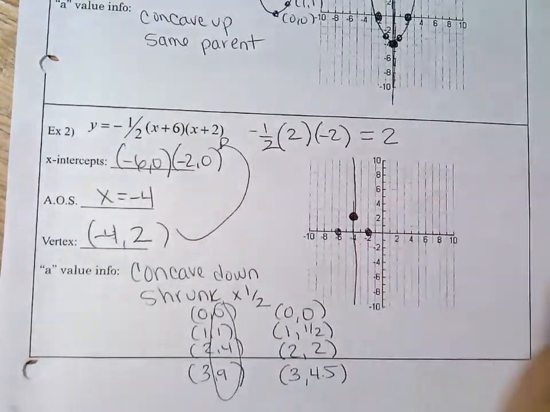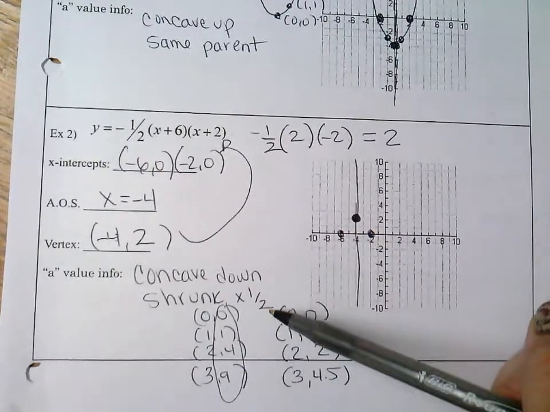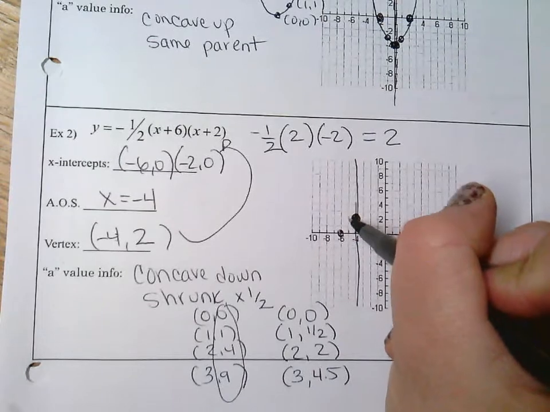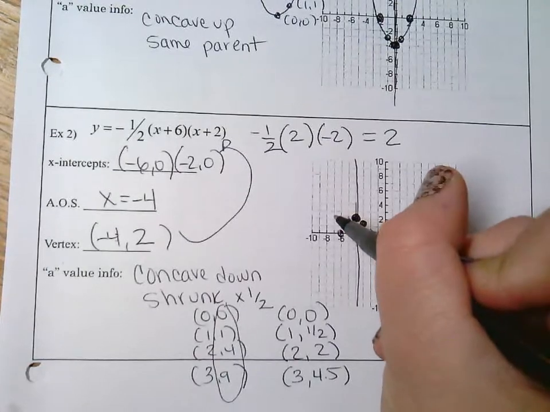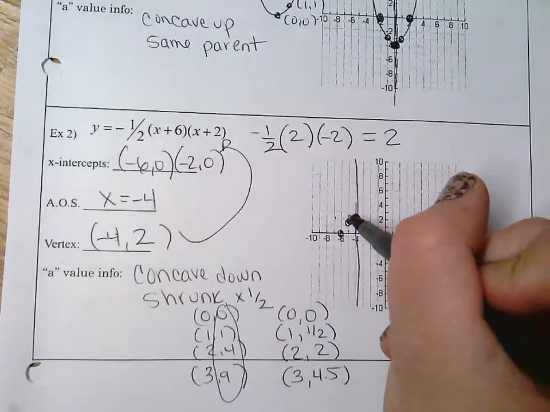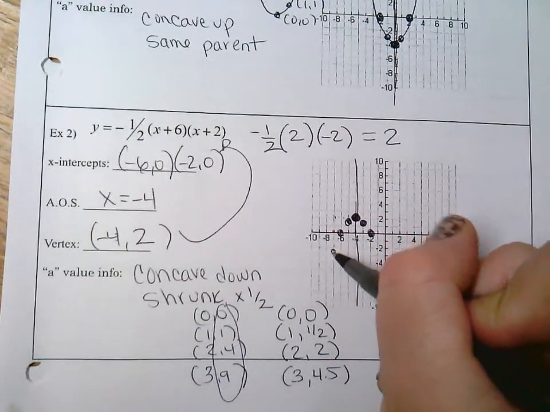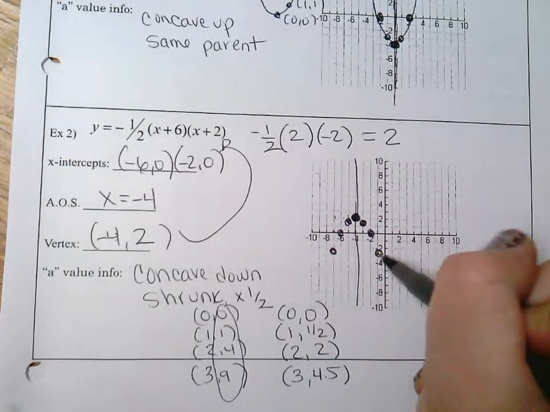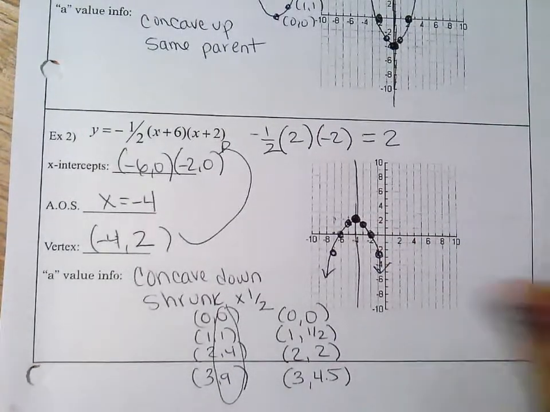Does this make sense? Yes, because I'm concave down, shrunk by a half. Over 1, down 1/2. Over 2, down 2. Over 3, down 4.5. So there you go.